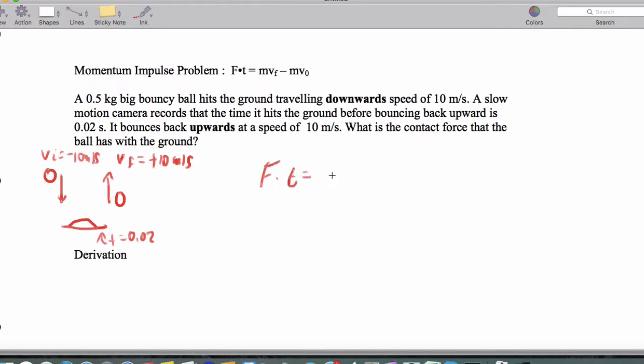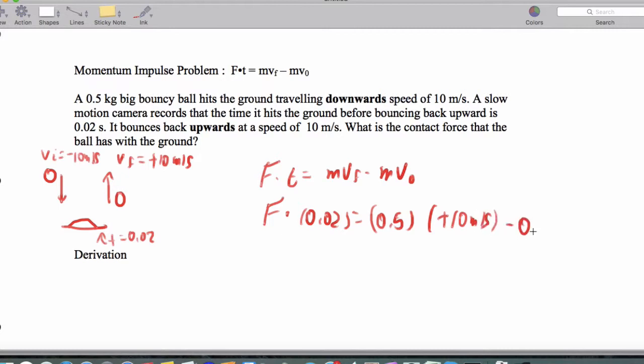We have F times t is mv final minus mv initial. We have F times 0.02 equals half a kilogram, and v final is positive 10 meters per second, minus 0.5 times v initial, which is negative 10 meters per second.